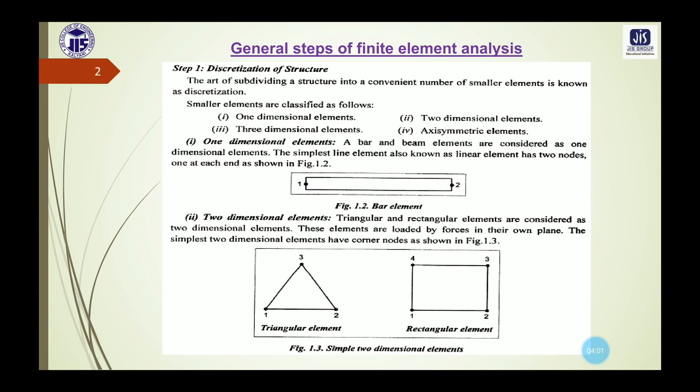The triangular element has three nodes at its corner points, and the rectangular element has four nodes at its corner points. So these are examples of two-dimensional elements and their nodes.